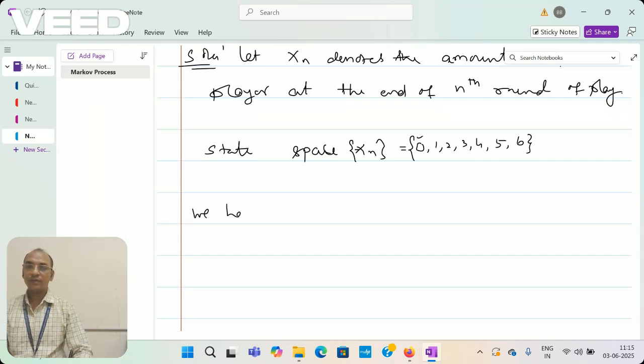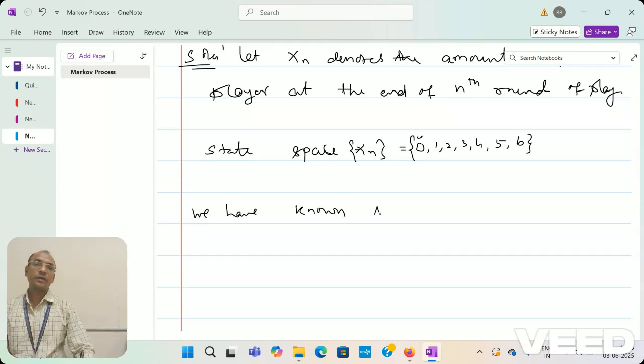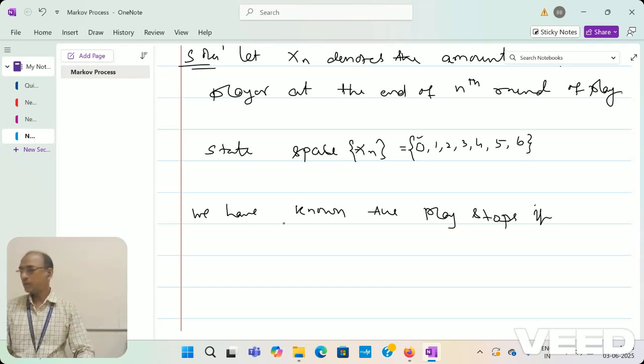Here we have known that the play stops if he loses 2 rupees. That means Xn equal to 0, and he wins 4 rupees, that is Xn equal to 6.